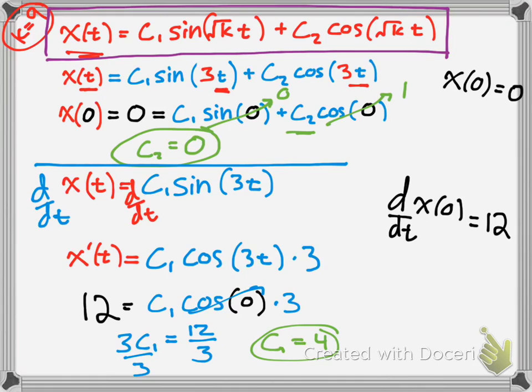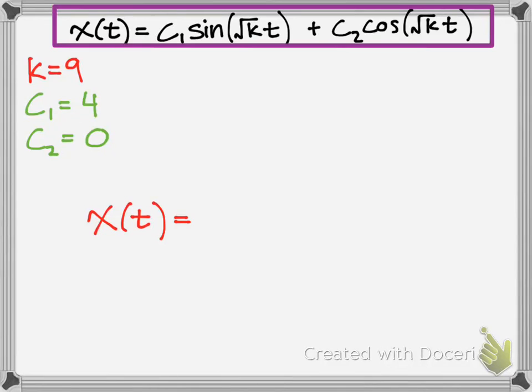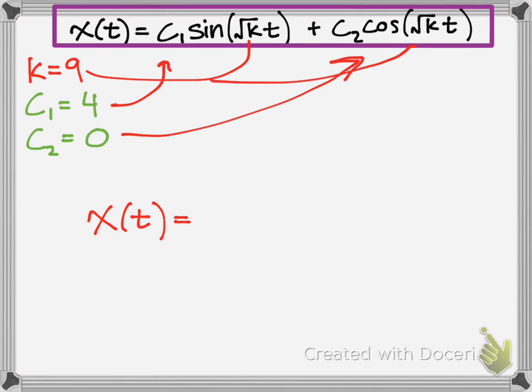Okay, so now we have our first constant and our second constant, and we have every piece of information we need for our general solution. So let's recap what we have. We have k equals 9, our first constant we found to be 4, and our second constant we found to be 0. And now we're just going to take these values and plug them into the general equation.